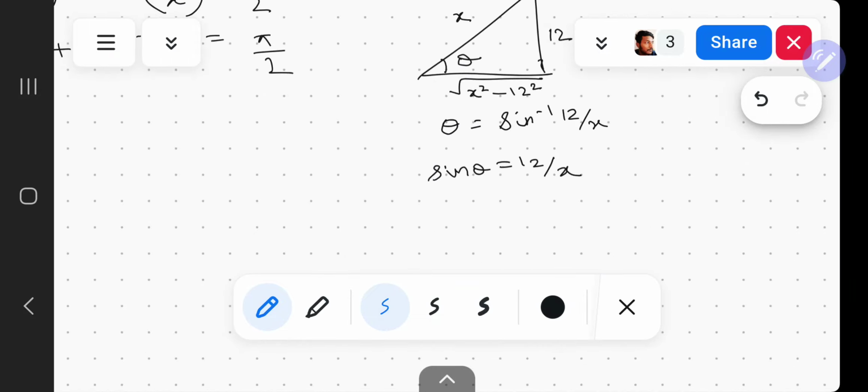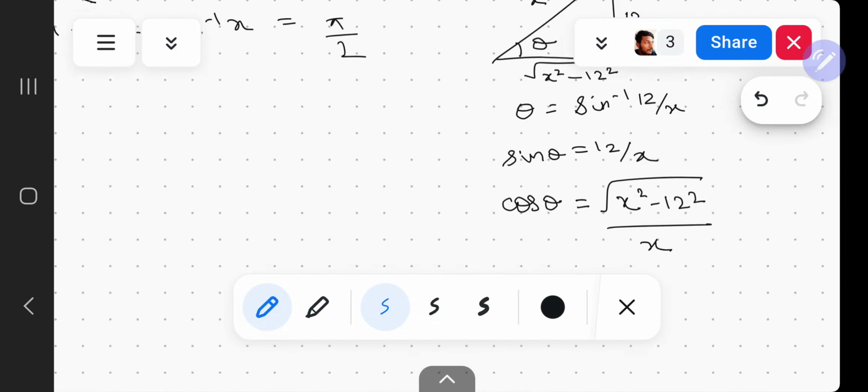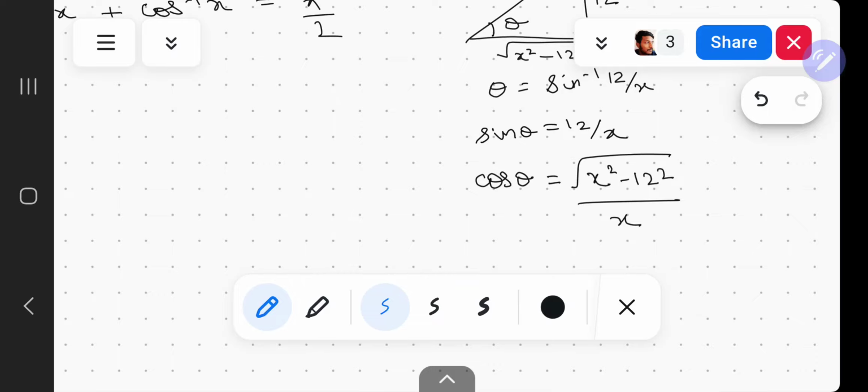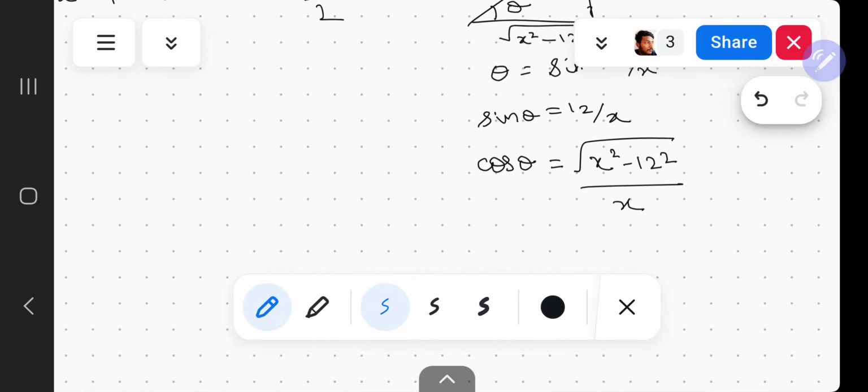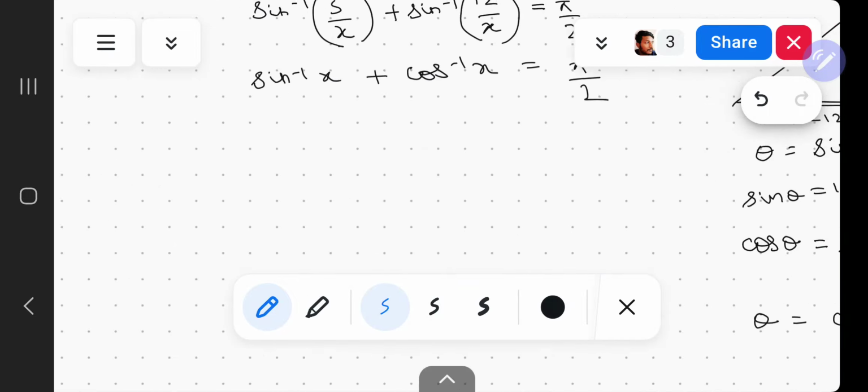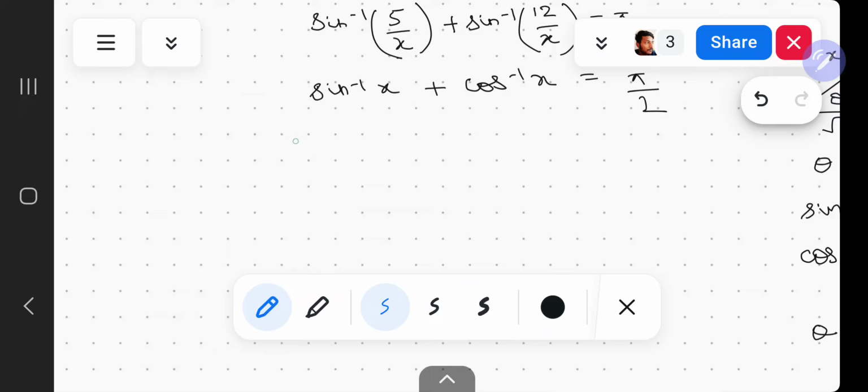Now we can write here that cos theta is equal to base, that's under root x square minus 12 square, over hypotenuse, that's x. So we got the value of theta, which will be equal to cos inverse of under root x square minus 12 square over x. Now we'll substitute this here.